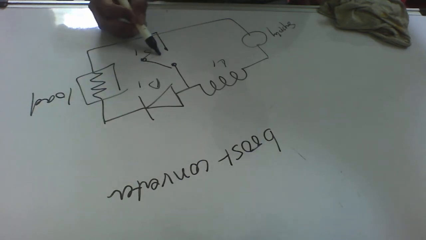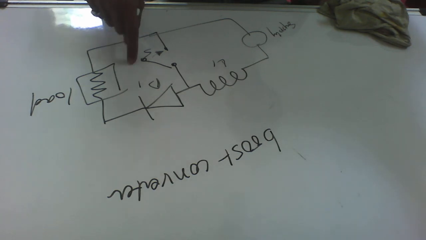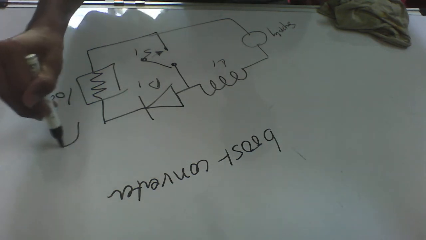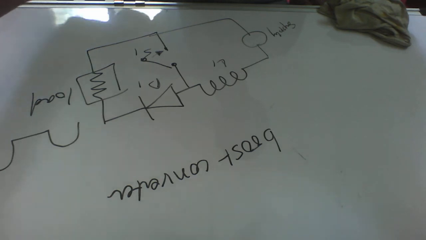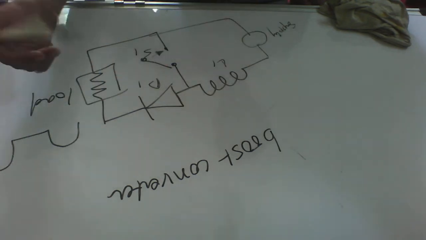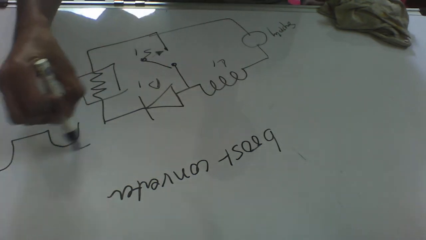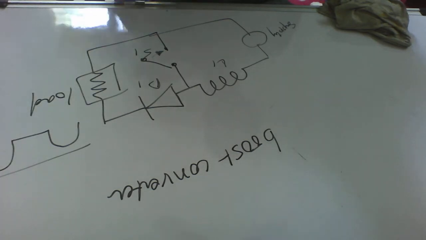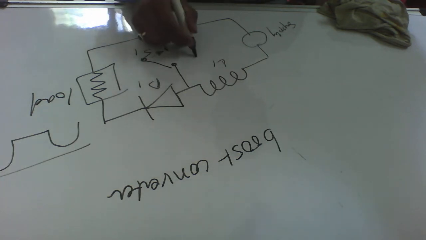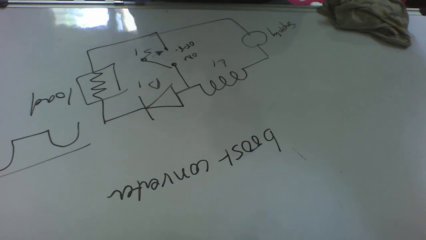This switch is continuously switched on and off, producing a pulsating output, and that is rectified and passed through a filter to produce a DC output. The switch is continuously taken into two states, on and off. This is the boost converter.